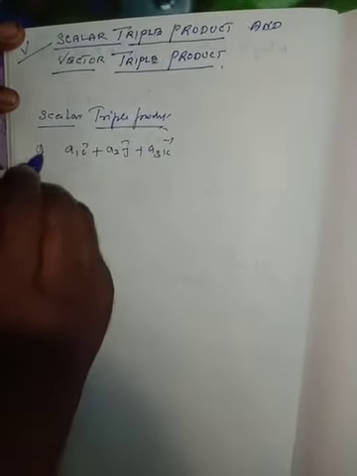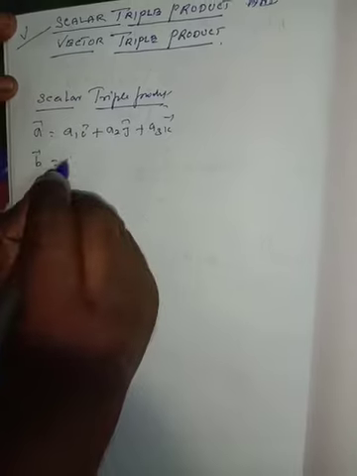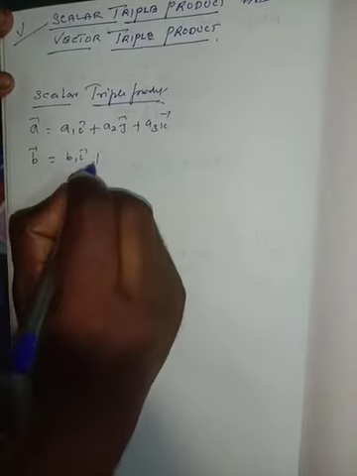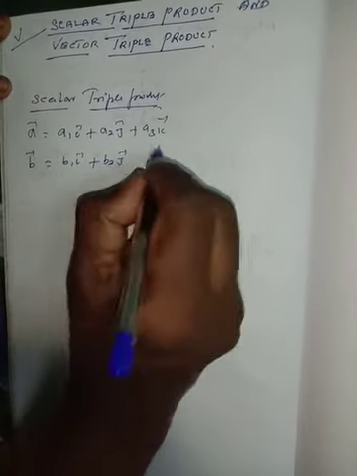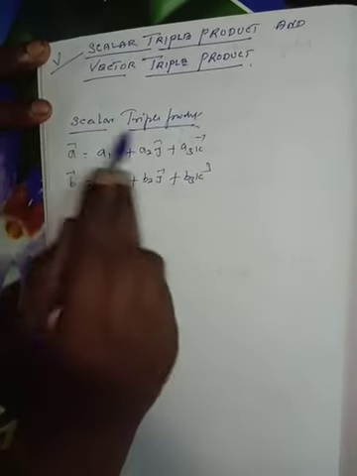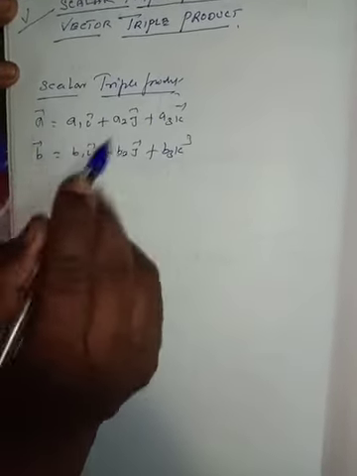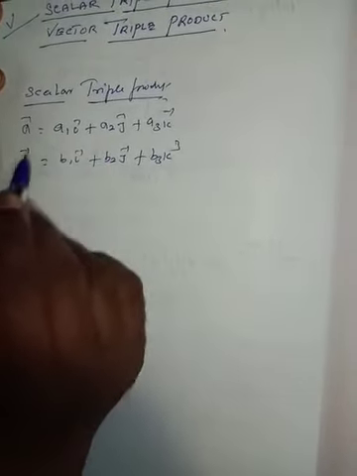Next, the second vector b vector is b1 i vector plus b2 j vector plus b3 k vector. Scalar triple product: first the double product and then the triple product.